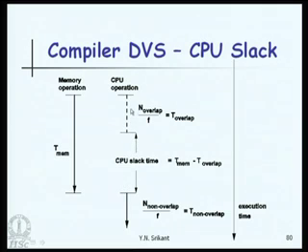Now, there is nothing wrong if we stretch this period, which is actually the useful activity region of the CPU, up to this point by reducing the voltage and frequency of the CPU. Because during this period the CPU is doing nothing, we can stretch this period up to this point and make the CPU run at a lower speed.